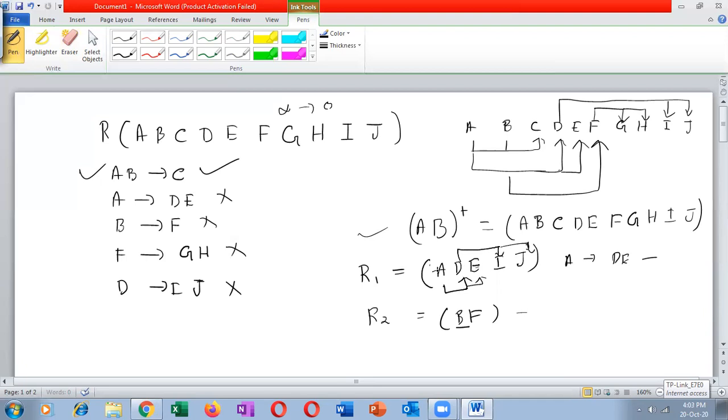Now let me find the candidate key here. If I find A plus, then ADE and IJ.